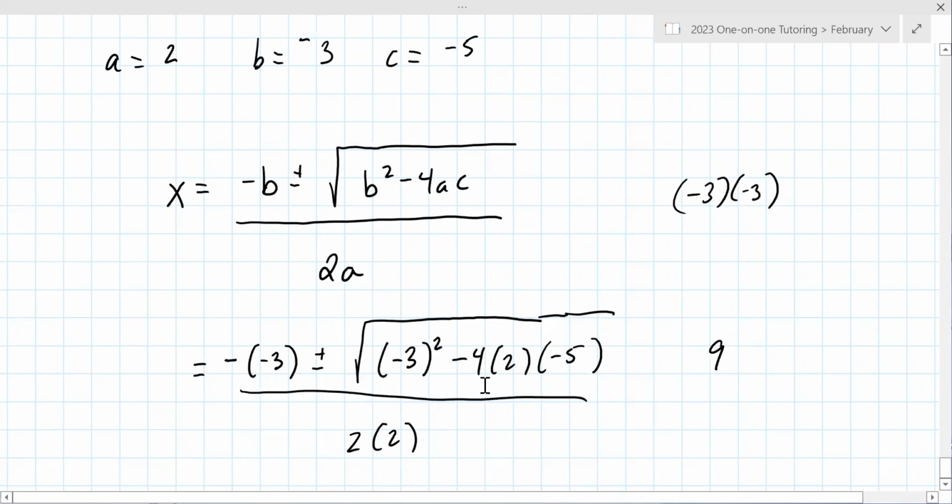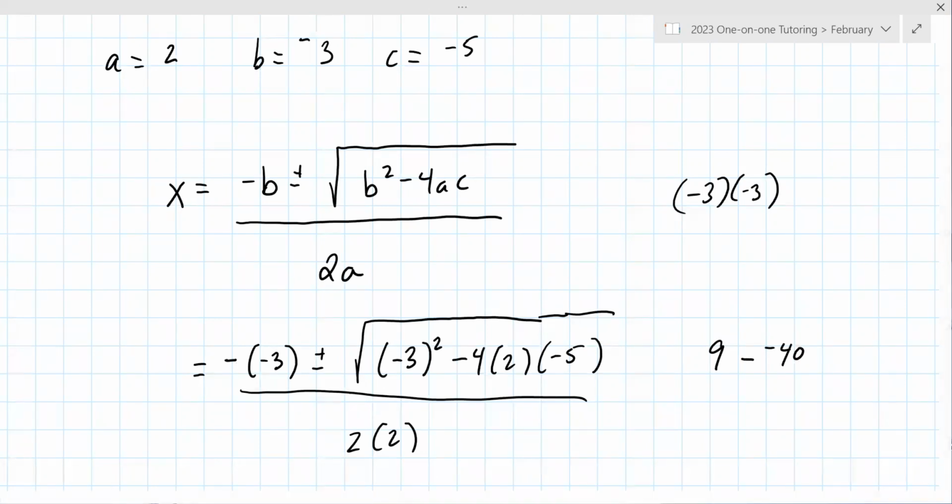You have to multiply these first: 8 times -5 is -40, and then there's another negative here, so you subtract them. That becomes 49.